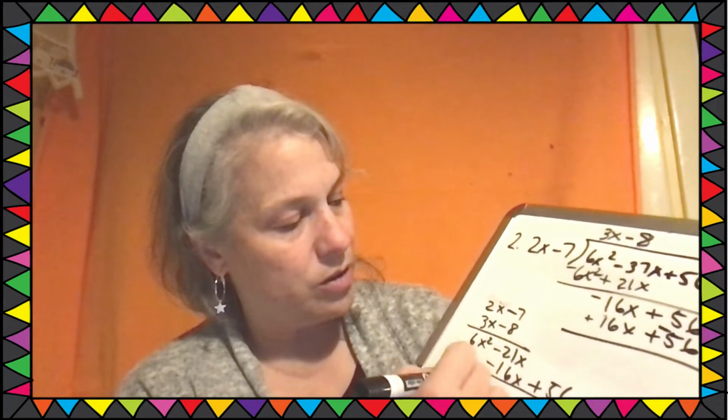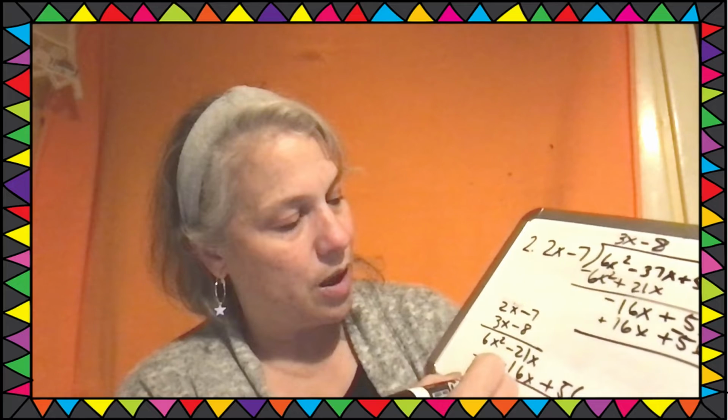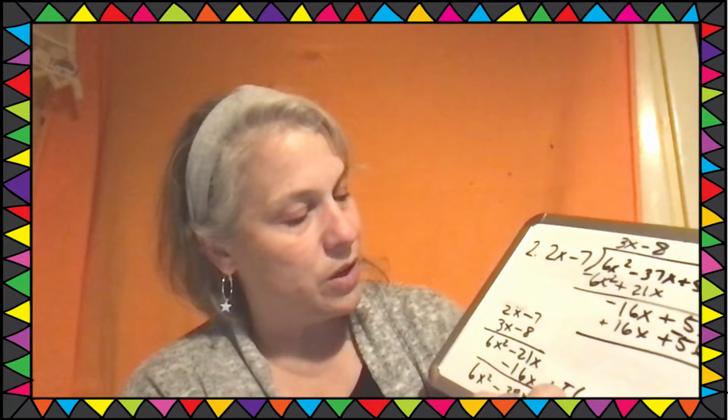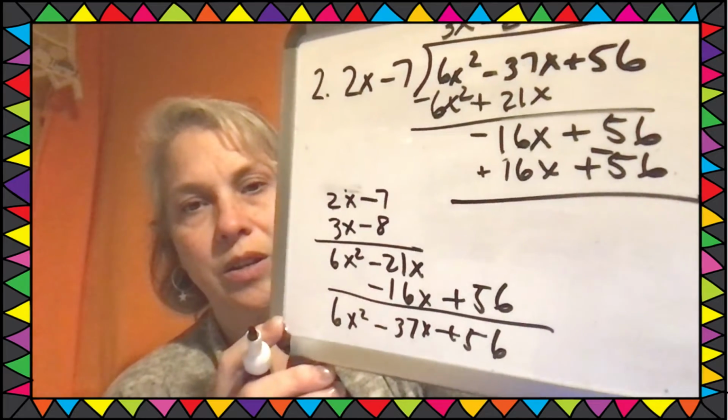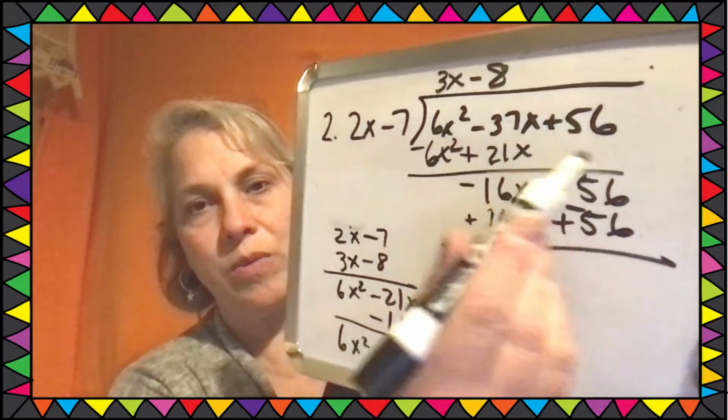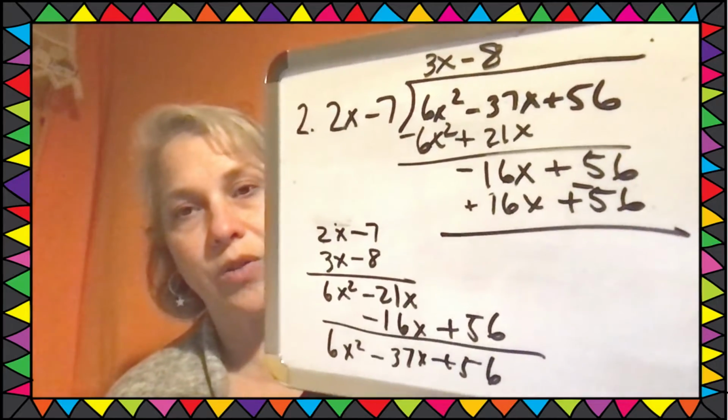So 6x squared minus 38x plus 56. Ooh, that's a 7. 6 plus 1 is 7. And that is correct. This trinomial is equal to this trinomial. So we are correct. Okay. So that is the check.